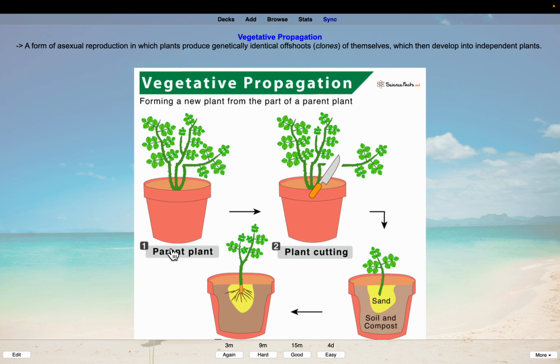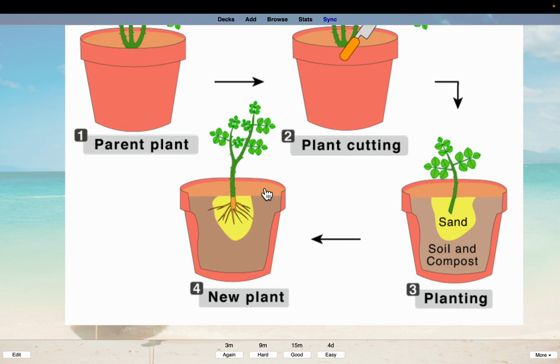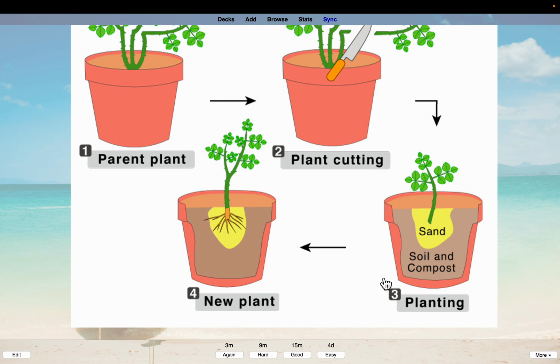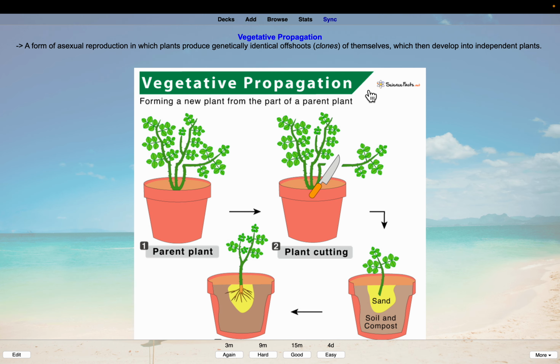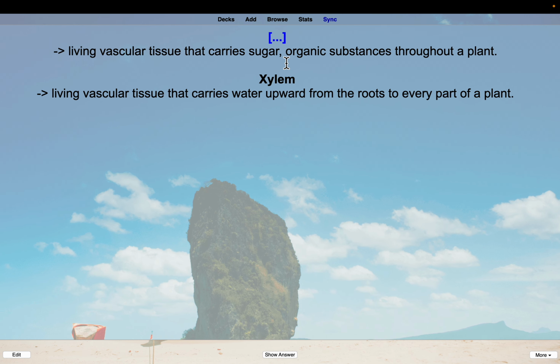In this illustration, we have a parent plant. When a piece of it is cut, like something that looks like this, and you place it in a new pot, it would grow on its own. This is asexual reproduction. Next.